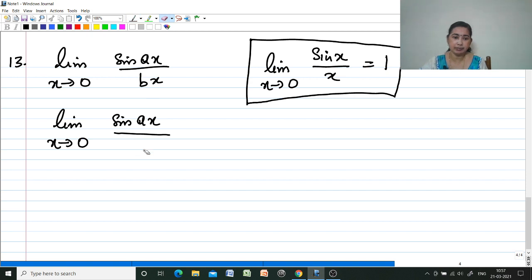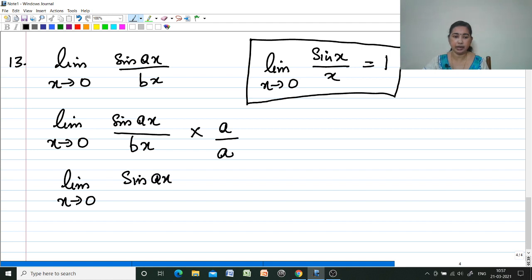Let it be the same as in the question, bx. Then I multiply the numerator and denominator by a. This can be written as limit x tends to 0, just a rearrangement, sin ax by ax, and taking the b to this side, it is a by b.